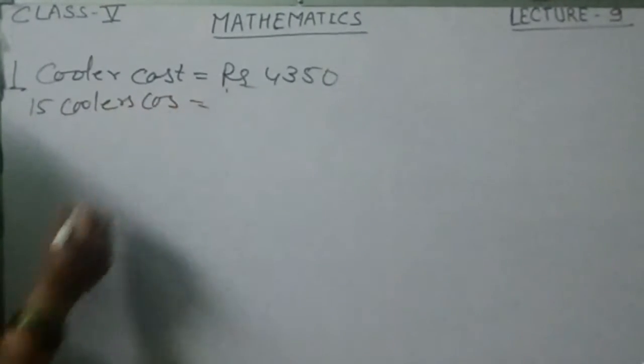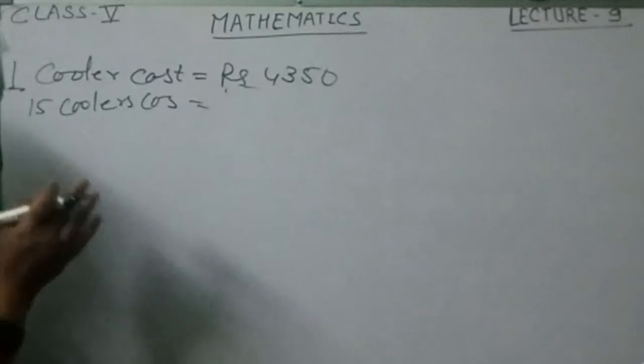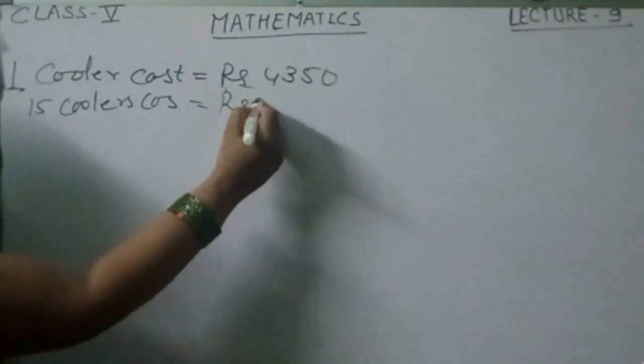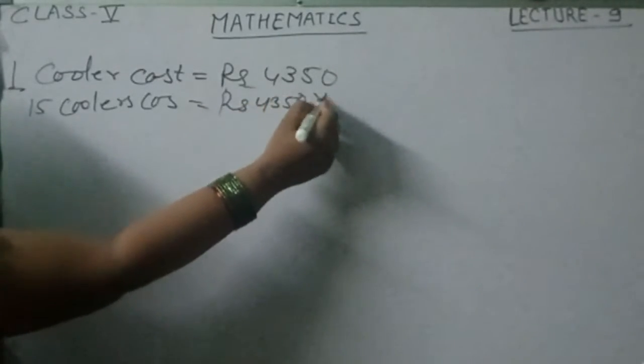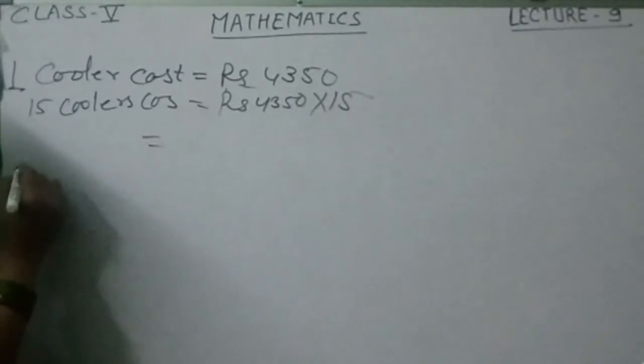So what I told you: if one thing's price is given and you have to find the cost of many, then you have to multiply the numbers. What? 4350 multiplied by 15, and in the rough paper you have to multiply.